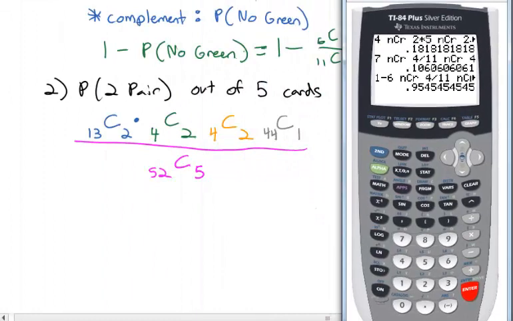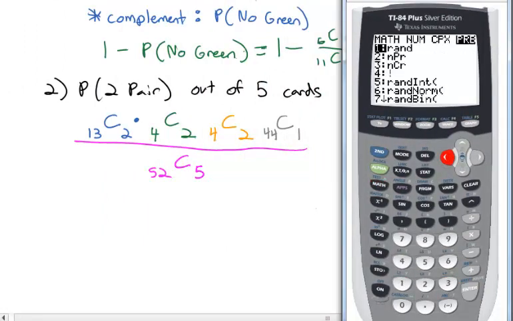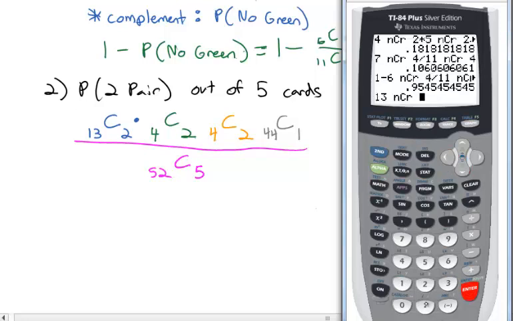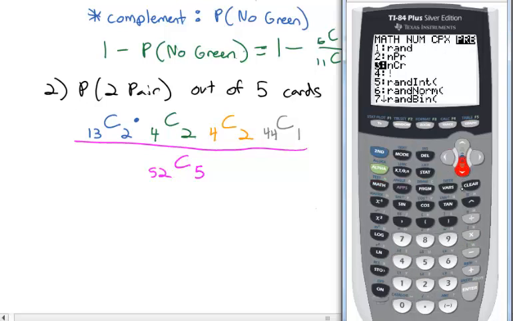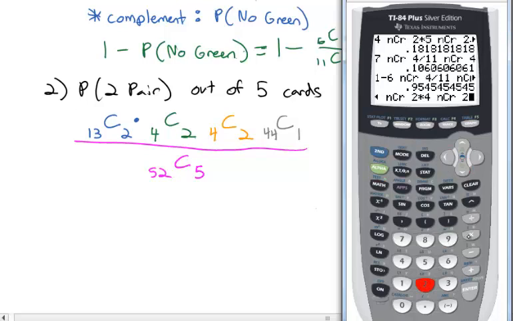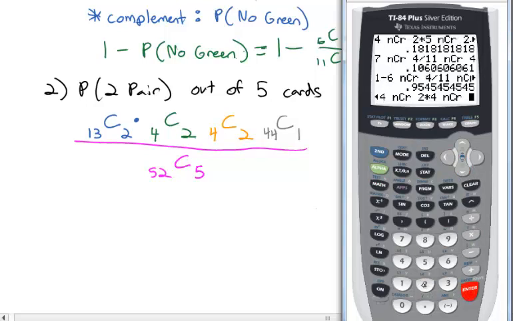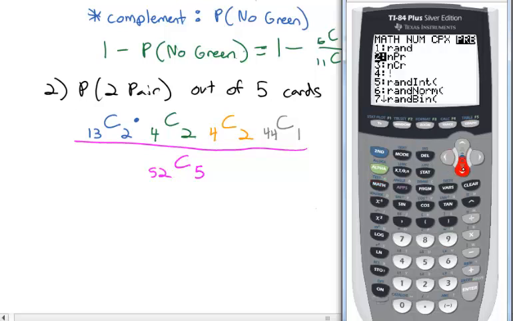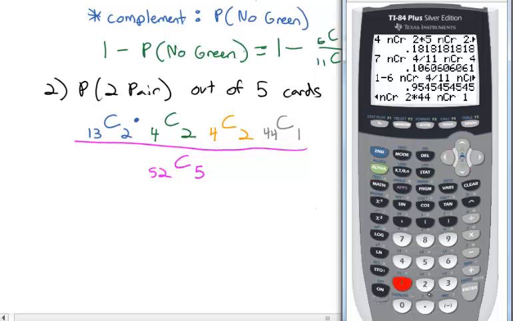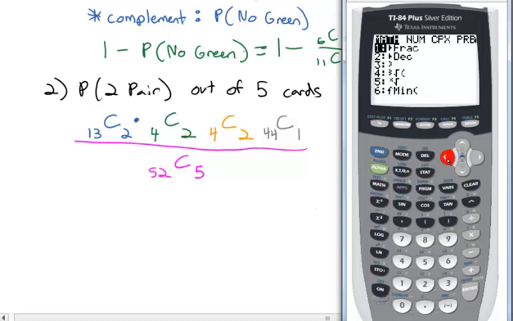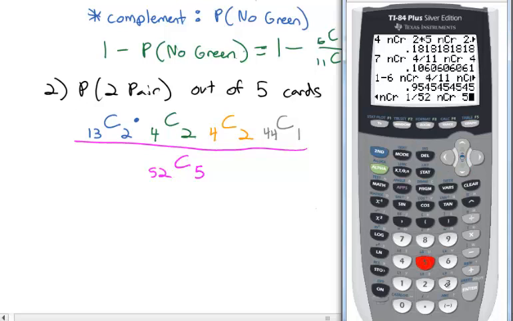Let's see what it will give us. 13 combination 2, times 4 combination 2, times 4 combination 2, times 44 combination 1, divided by all possible outcomes, 52 combination 5.